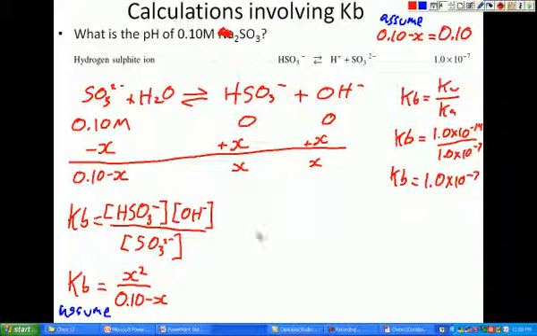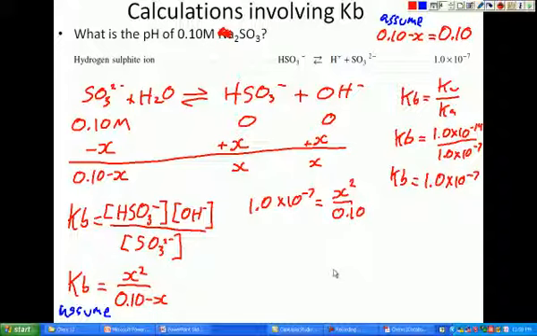Okay, and then I'm going to take my equation up here, plug in some numbers like this, 1.0 times 10 to the minus 7, and that equals x squared over 0.10.